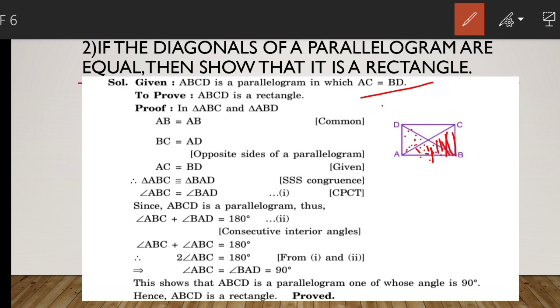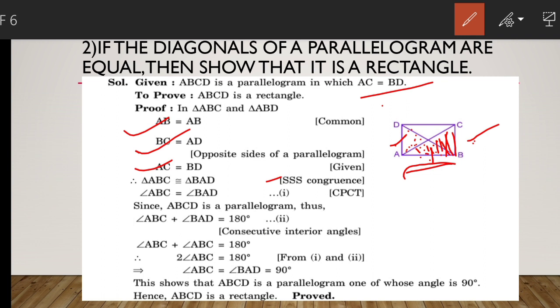ABC and ABD. In triangles ABC and ABD, AB is common, that is the bottom part is common. BC is equal to AD, since it is a parallelogram, the opposite sides will be equal and parallel, which follows the property of the parallelogram. And the third side AC is equal to BD, that is the diagonals are equal. So we can say by SSS the triangle ABC is congruent to triangle BAD.